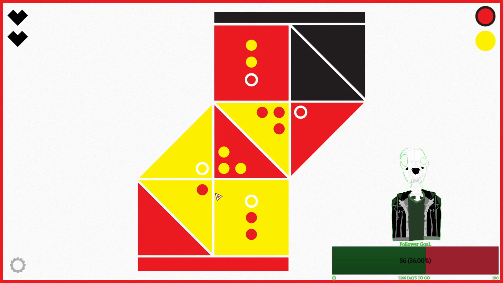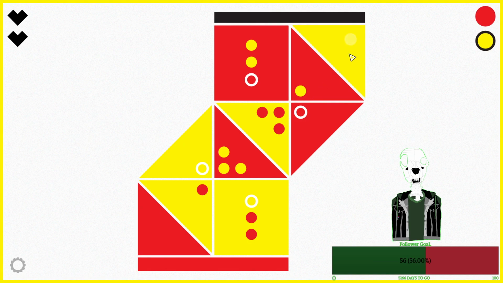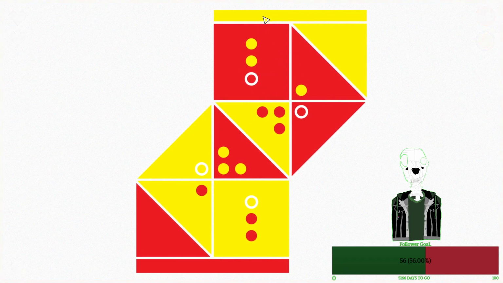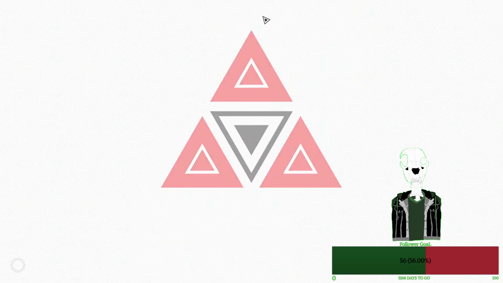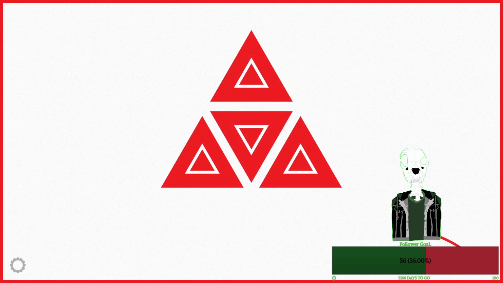That has to be red because of this. This is touching a red, so that has to be red. This is touching a yellow, so that has to be yellow. This is touching one yellow, one red, so we need another yellow here. Okay.